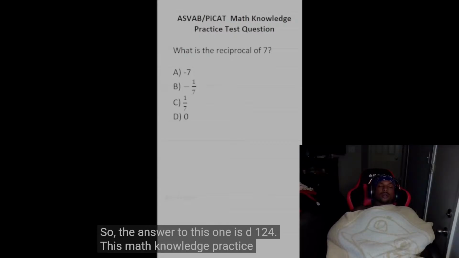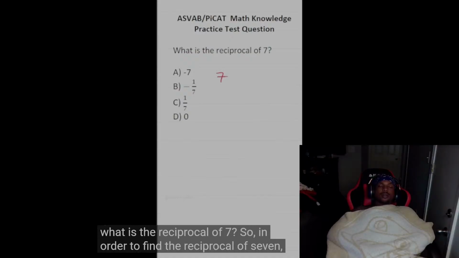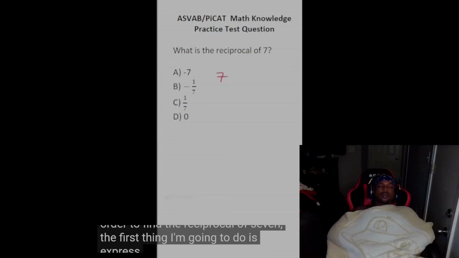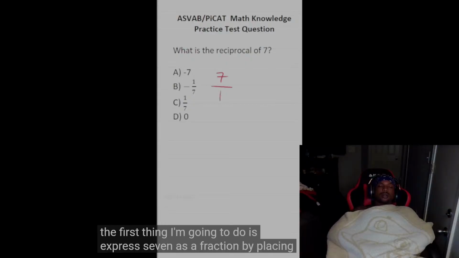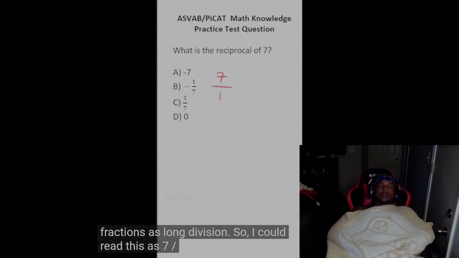This math knowledge practice test question for the ASVAB and PiCAT says, what is the reciprocal of 7? So in order to find the reciprocal of 7, the first thing I'm going to do is express 7 as a fraction by placing it over 1. Again, you could read all fractions as long division, so I could read this as 7 divided by 1. 7 divided by 1 is just 7.